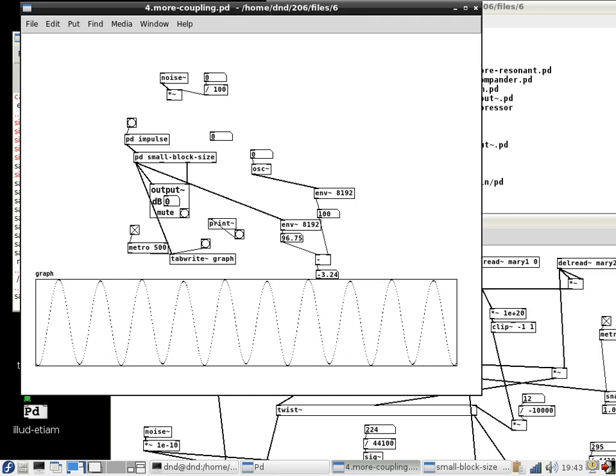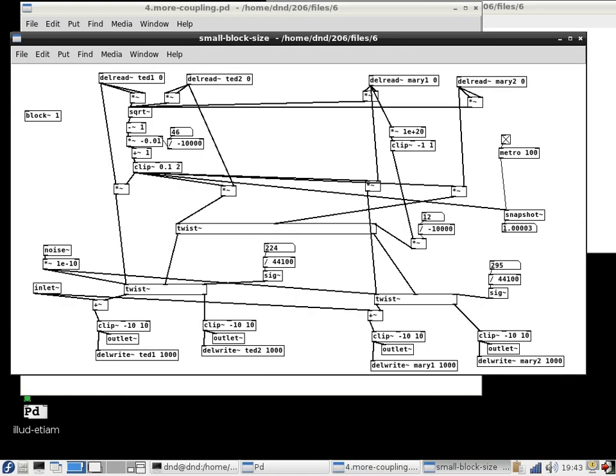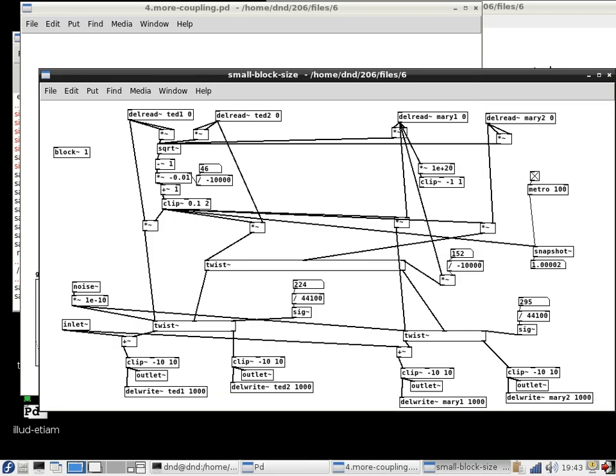Should I put it back? Okay, that was one thing, but the other was just doing this. That's how we had it before. Well, we don't have quite the same setting, but the setting will be lost when I close the patch.